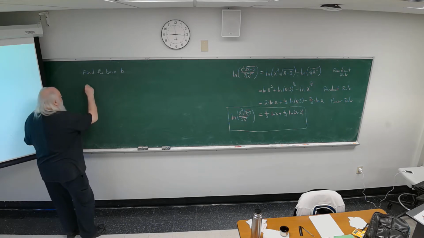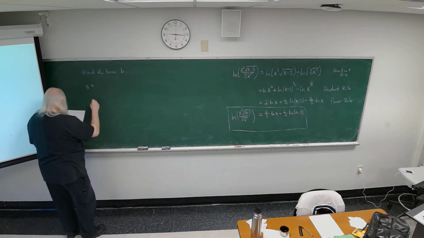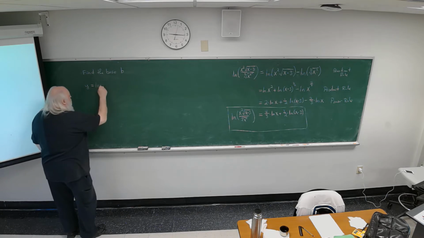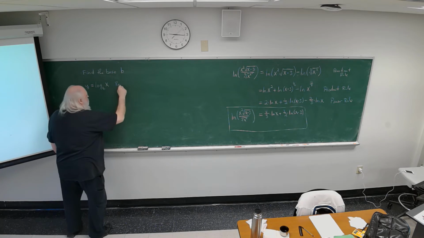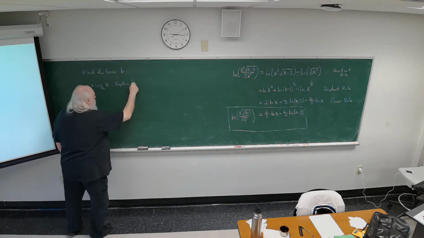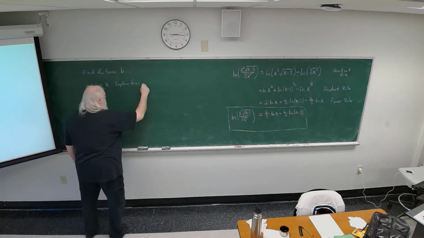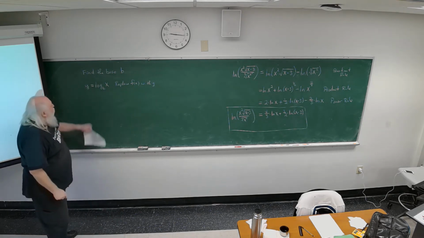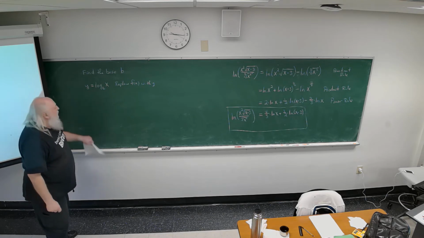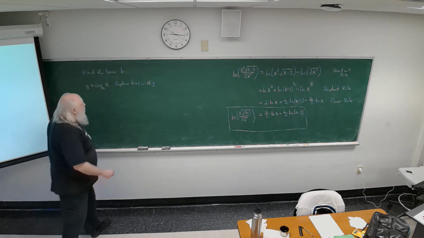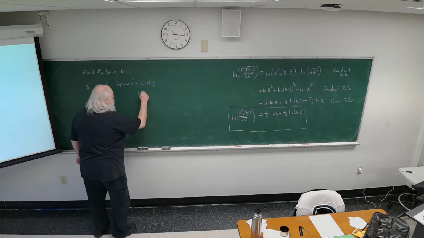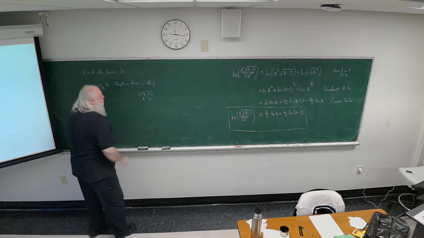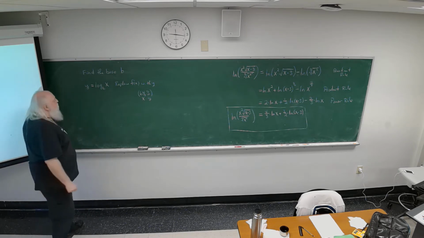So first I'm going to replace f of x with y. So y equals log base b of x. And now the graph of this logarithmic function passes through the point 64, 3. 64 is the x coordinate, 3 is the y coordinate.